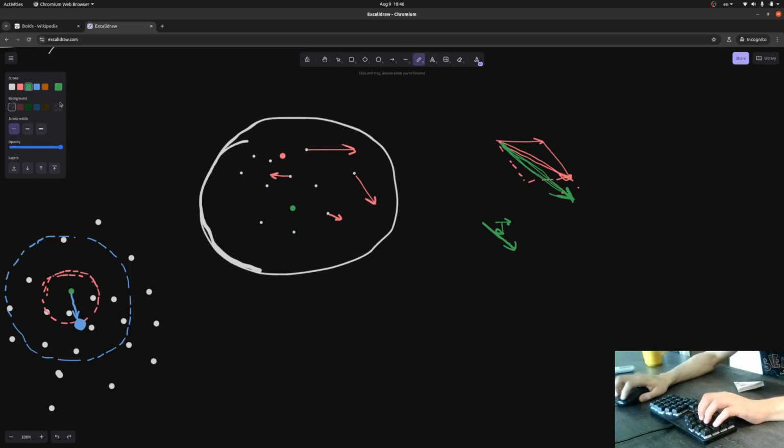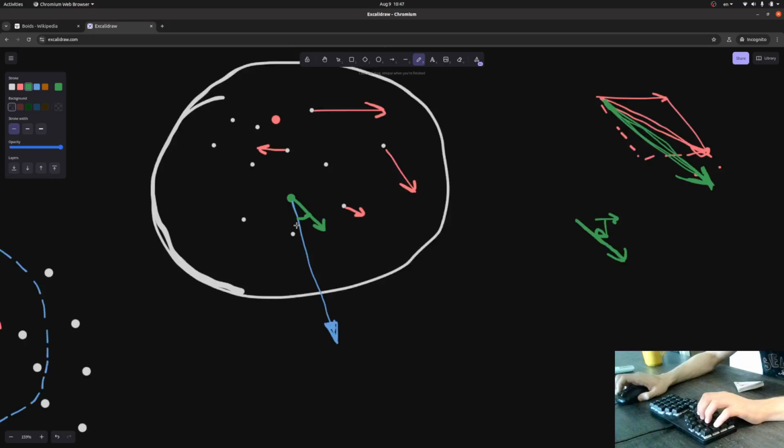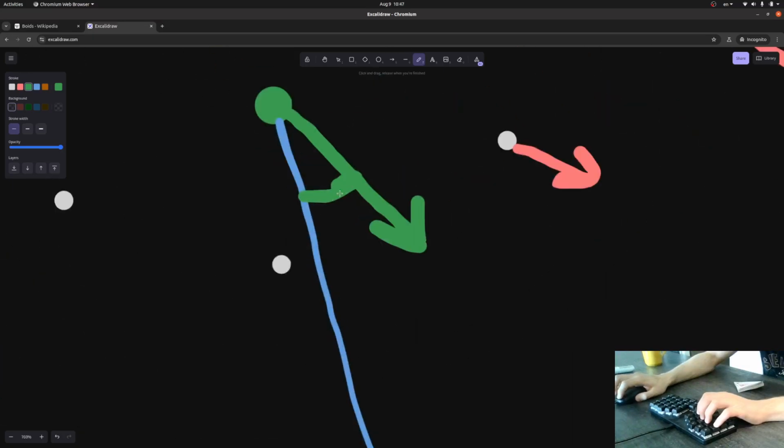Let me draw it in blue. For example, this. And I want to rotate a little bit. This is group direction. And I want to rotate it towards the group direction.